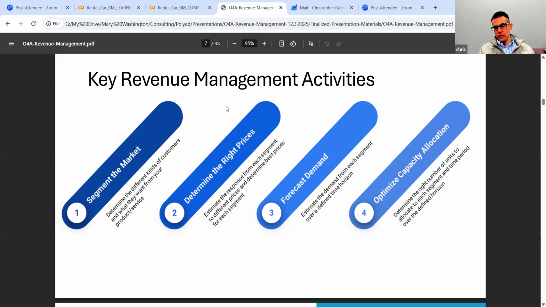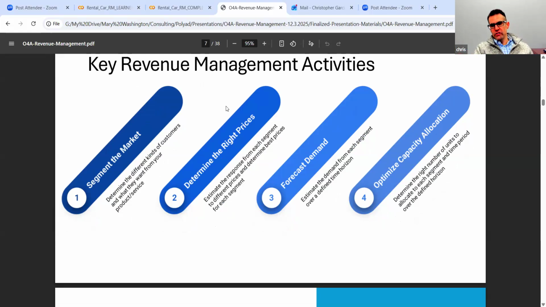This is the way that we turn the knowledge that we have from the market segmenting, the right pricing, and the demand forecast into actually reaping high revenues, taking as much from the market as we're able to, and generating as much value from the market as we're able to, which is through this capacity allocation. And this capacity allocation really is optimization. In practice, we build linear and integer programming models, which is what we're going to be working with today.